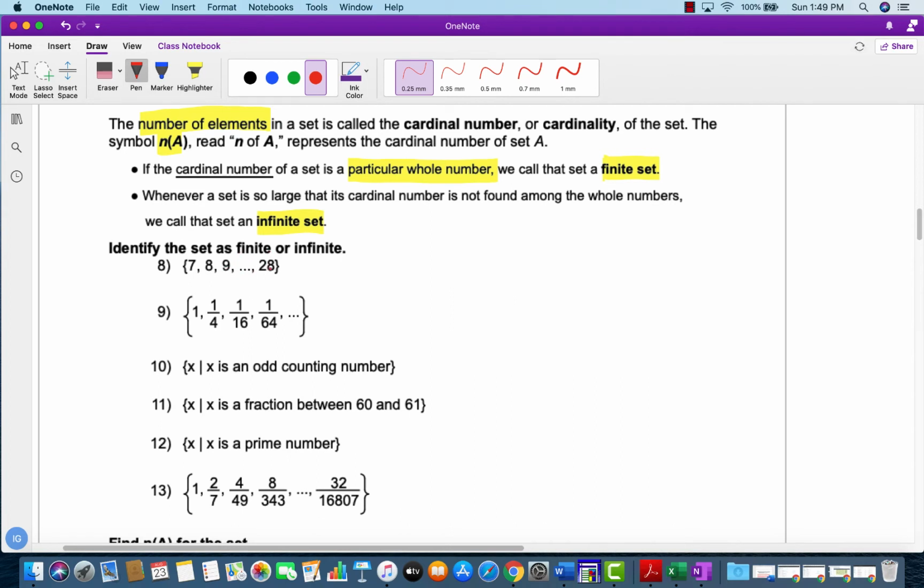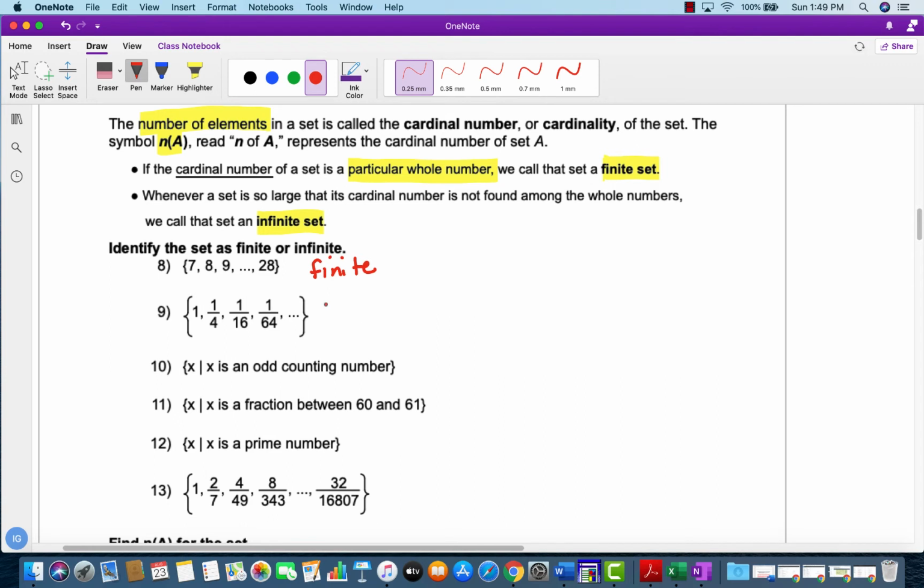But notice it stops at 28. So it stops at a particular number, right? We have a specific set of elements. I can actually count the elements that I have in this set. Because of this, it is a finite set.